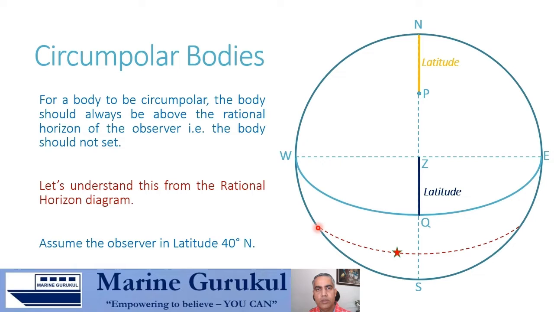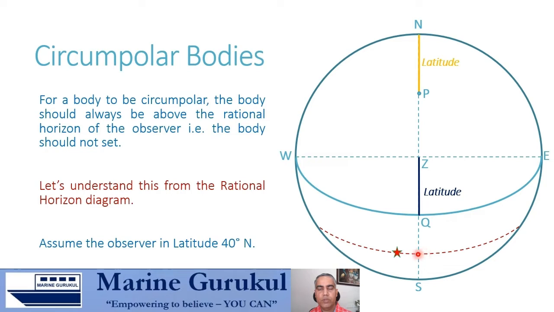The declination circle shows us the path on which the body moves. Now this body is going to rise at this particular point on the horizon. You can follow the laser pointer on the screen. This is the point where the body is going to rise on the eastern horizon. After rising, it will move on its declination circle.